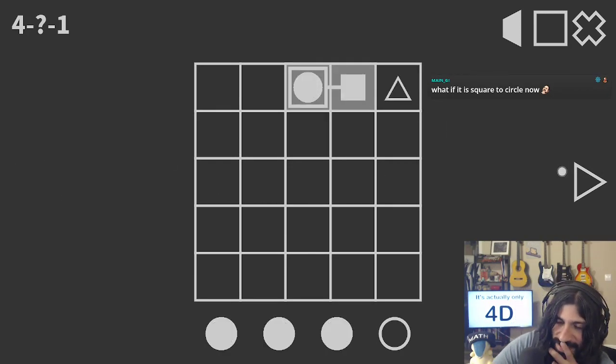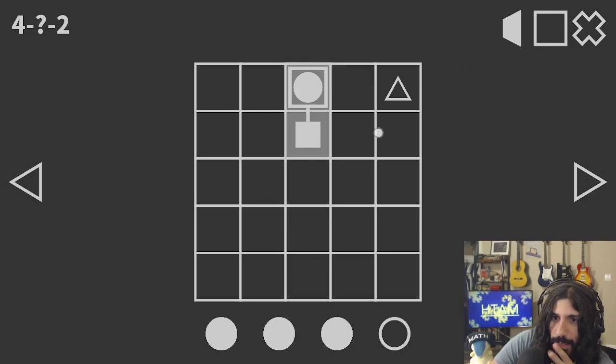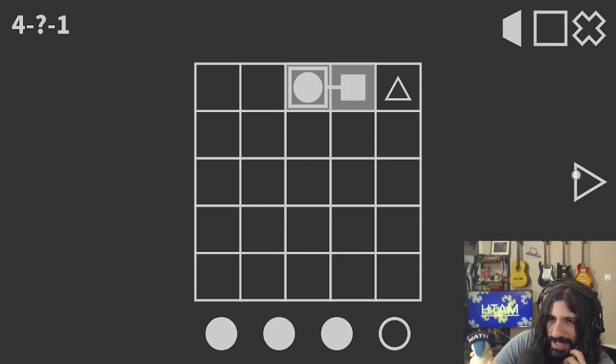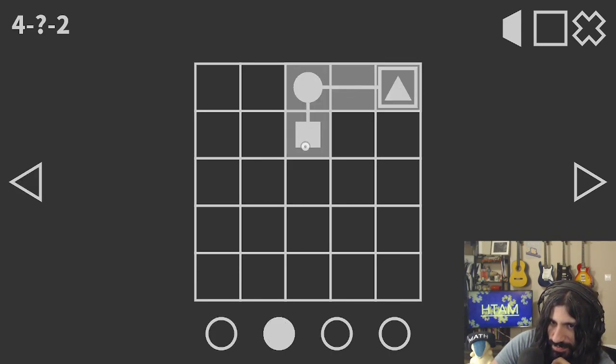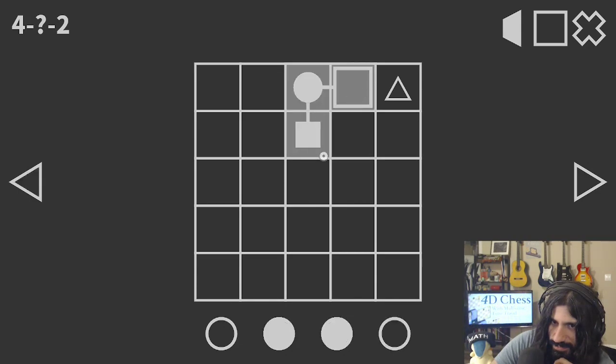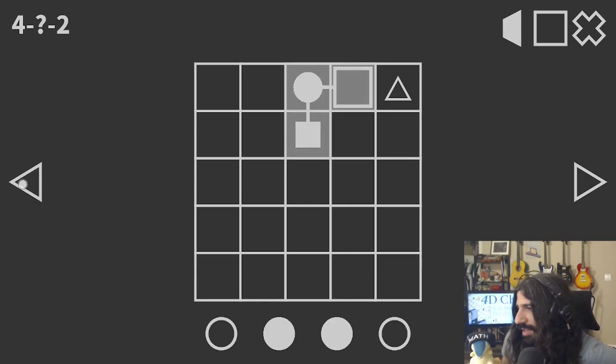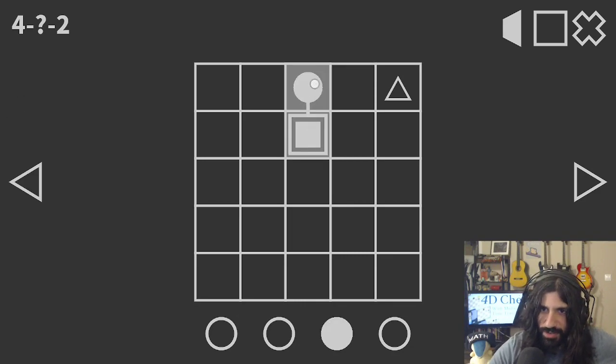Dude, I don't know. Oh, wait, maybe it's similar to last time, where the previous level somehow depends on... What if it's square to circle now, Kappa?